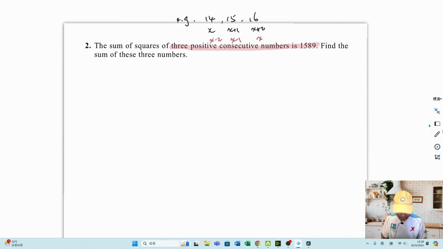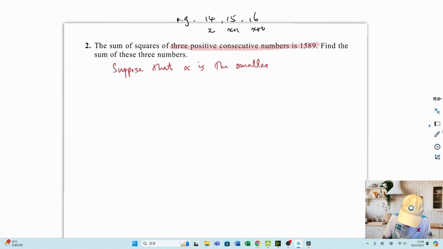Once we set the unknowns, we need to write down the definition of s. Suppose that s is the smallest number. Now the question asks us to find the sum of these three numbers.